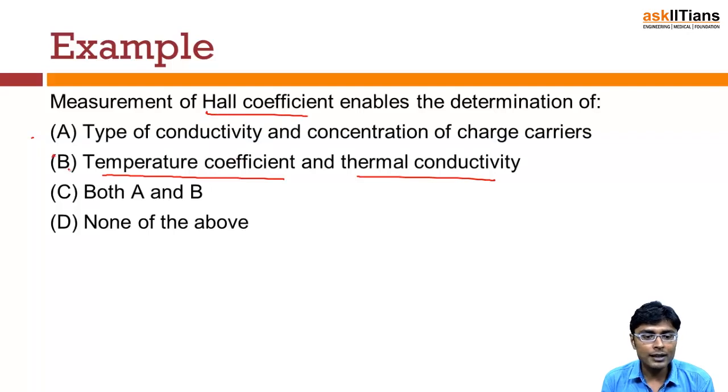Therefore B cannot be answered, and therefore C will not be the option, right? But we have seen that we can determine the type of conductivity as well as the concentration, as in our previous slides. So the Hall coefficient enables us to determine the type of conductivity and the concentration of charge carriers. So the answer for this question will be option A.